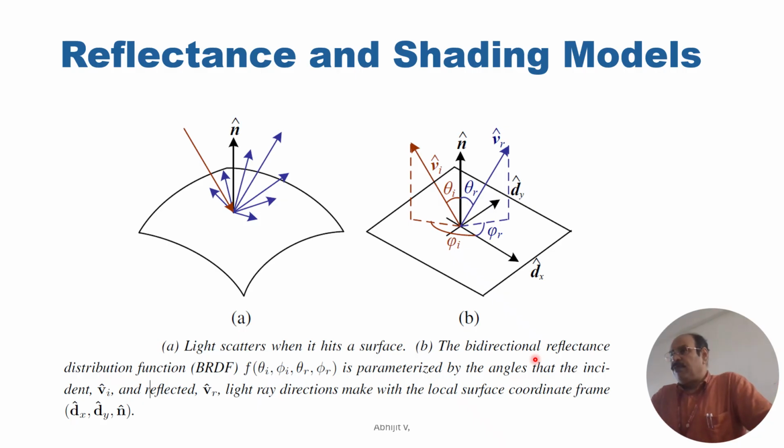We have 4 models that we need to study. First one is the BRDF, which we are seeing now. The second one is a diffuse model, the Gaussian model. The third and fourth one will be coming in the next slide.